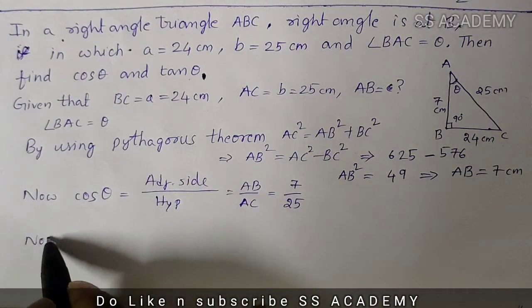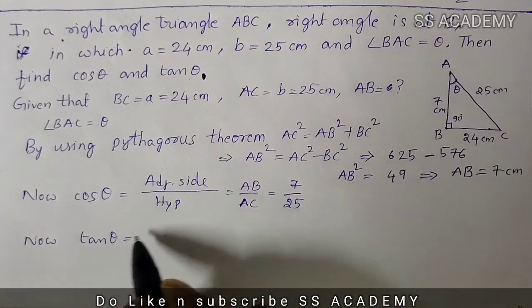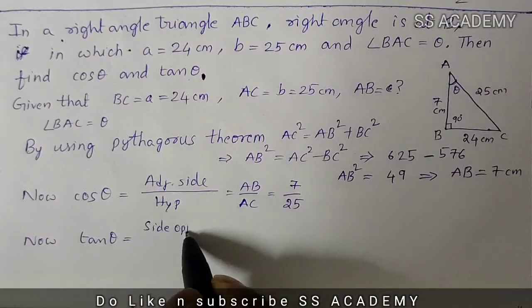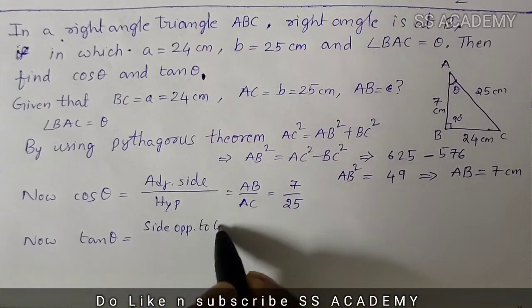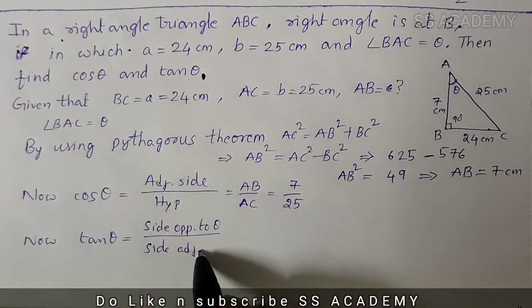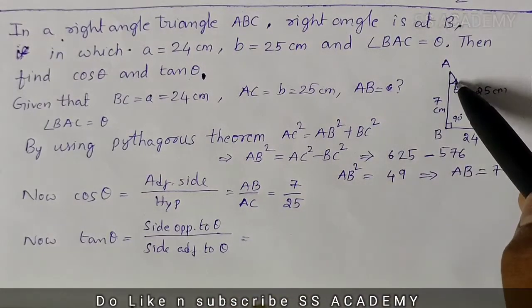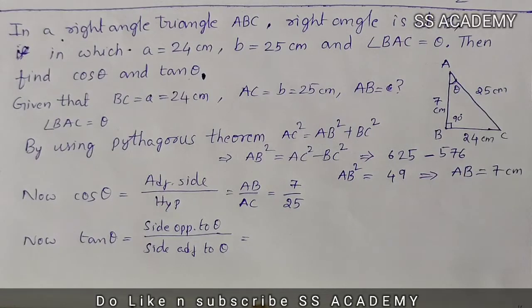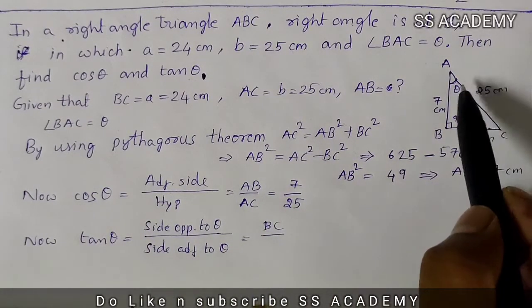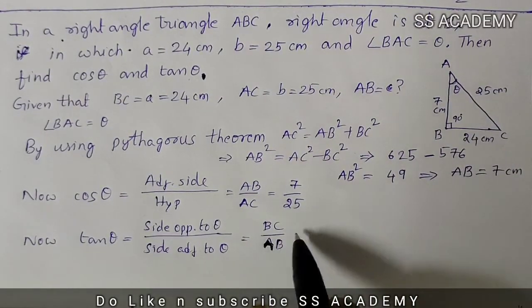Now tan theta. We know that tan theta is side opposite to theta by side adjacent to theta. Here the side opposite to theta is BC, and the side adjacent to theta is AB.